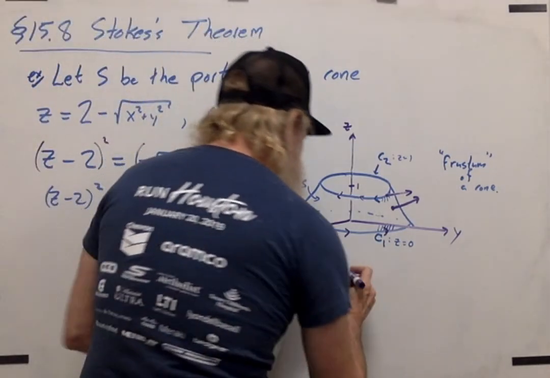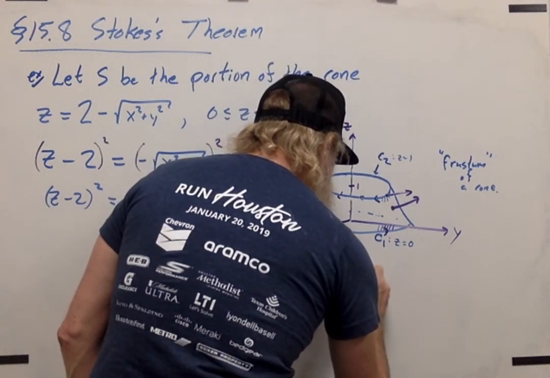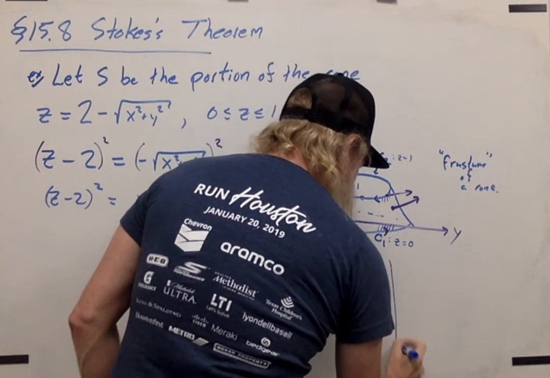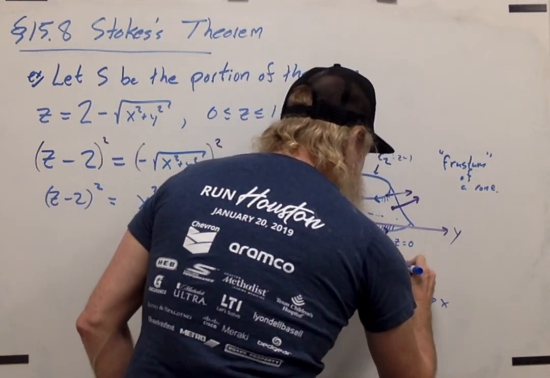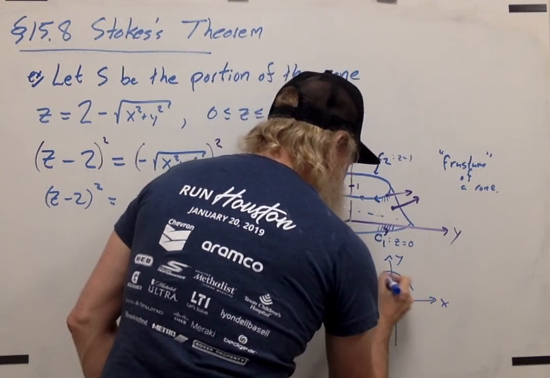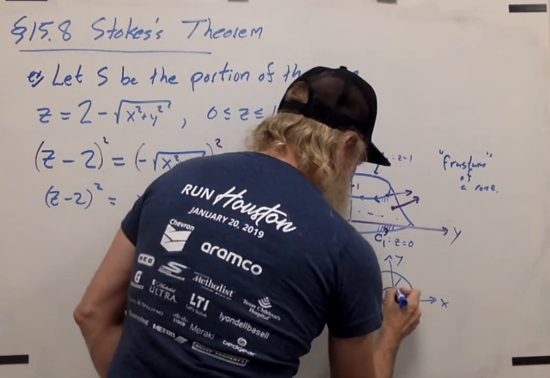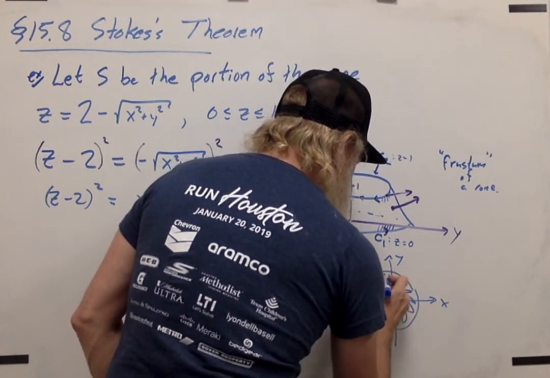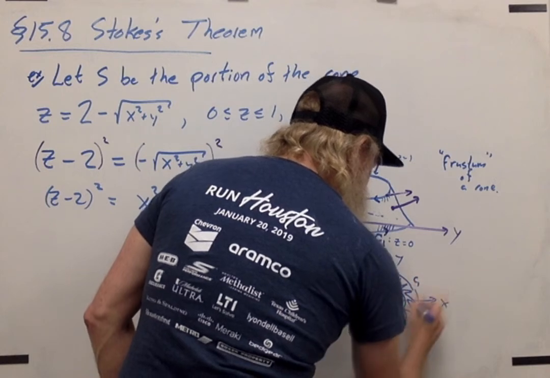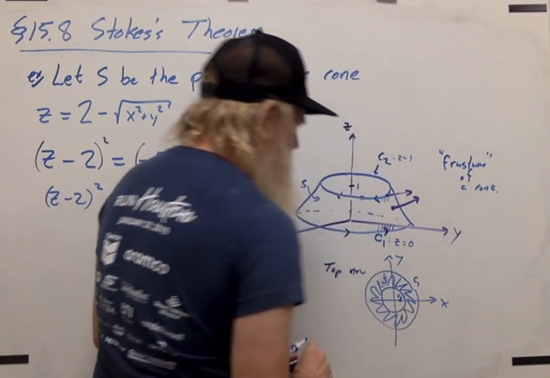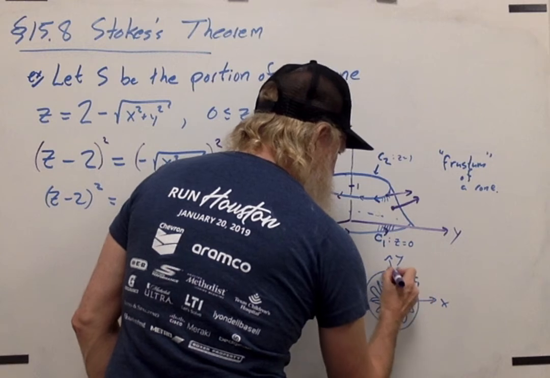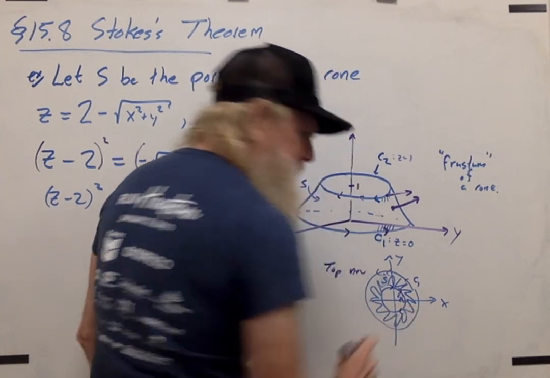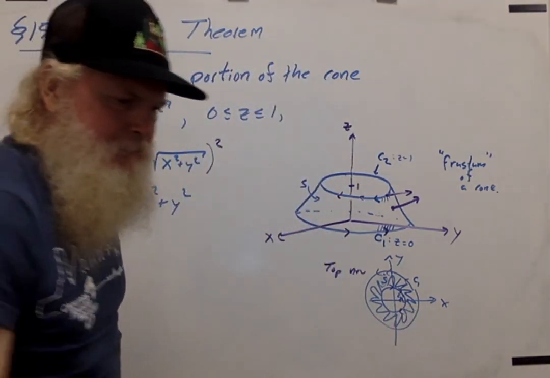So if I give you a top view, where we're looking down from the z-axis, then this would be my surface S. C1 would be the outer curve going counterclockwise, and C2 would be the inner curve going clockwise.